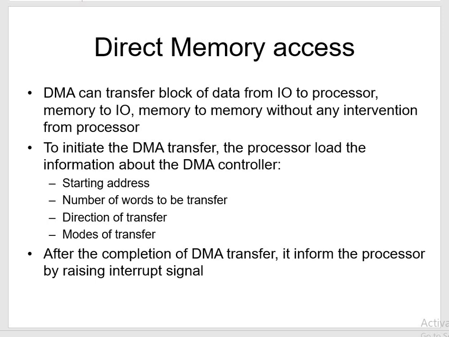To perform the operation for the DMA, the processor will have to load, initialize, or initiate the DMA, to make it ready so it will be able to transfer the data from source to destination.